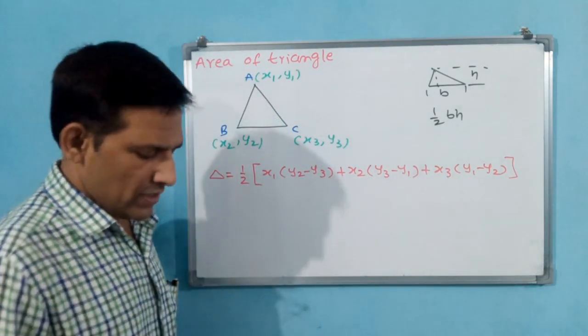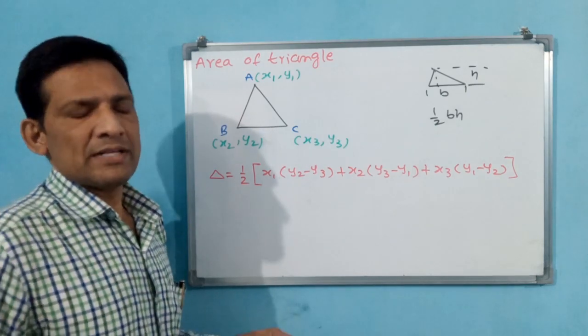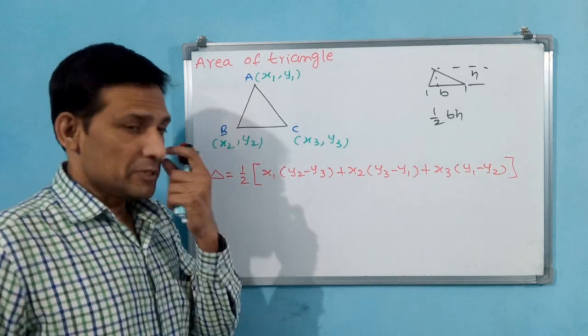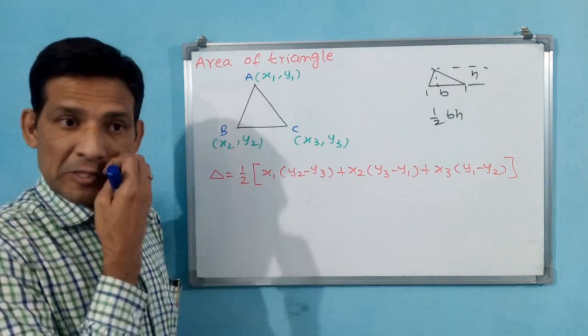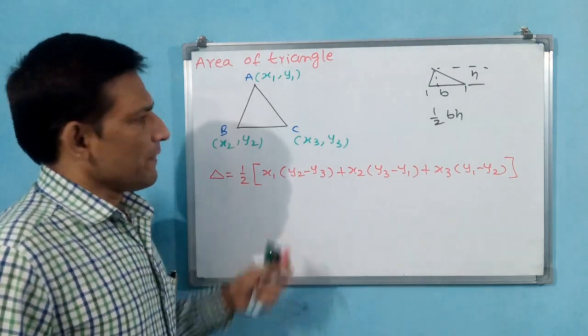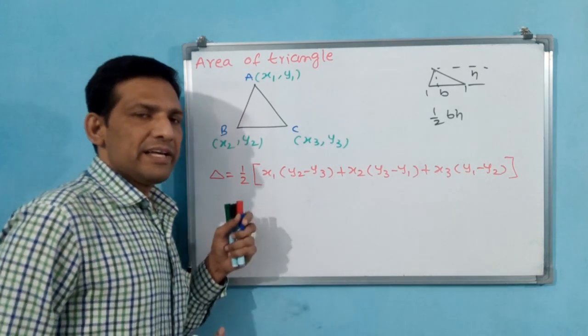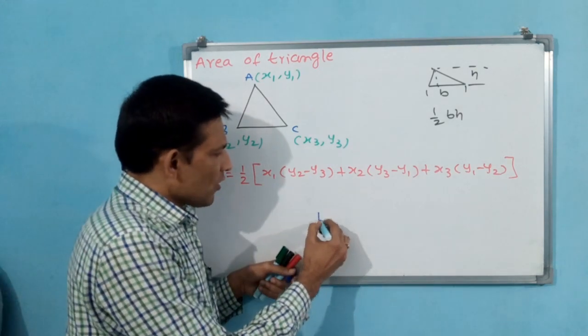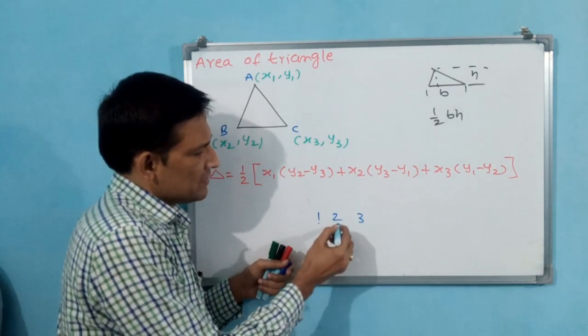Now you see, already this formula we know. In class 11 we have done coordinate geometry, two-dimensional geometry, and the introduction of three-dimensional geometry. See, how to remember this formula? Any technique is there? The order you have to follow, 1, 2, 3 order is there. First start with 1, 2, 3.